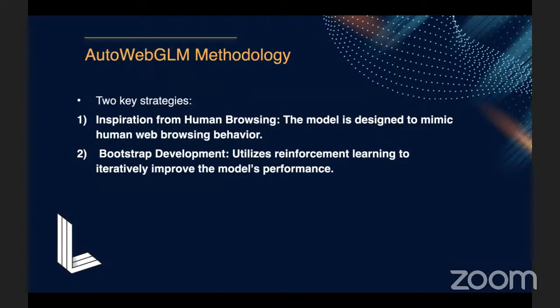So basically, the AutoWebGLM methodology follows two key strategies, which solve all of these problems. The model is designed to mimic human web browsing behavior, like what a human is doing at the time of browsing.